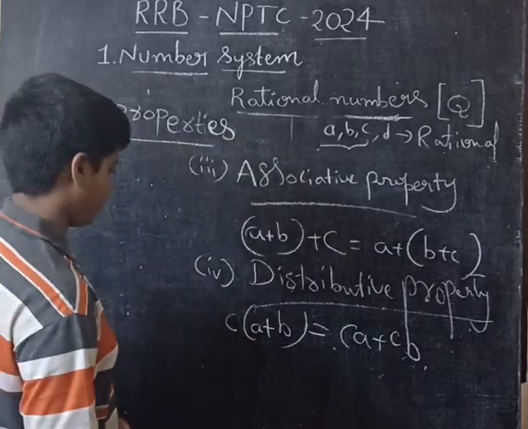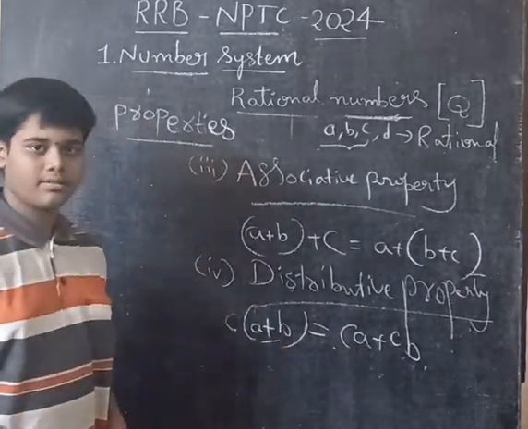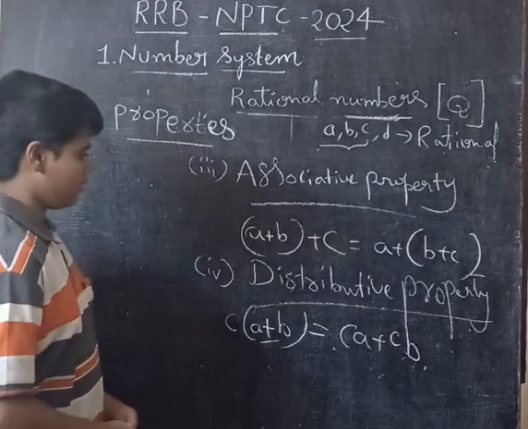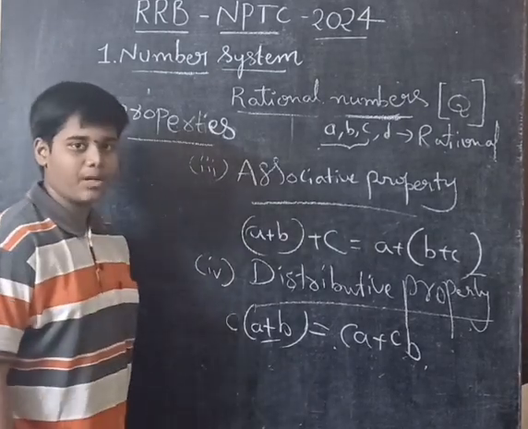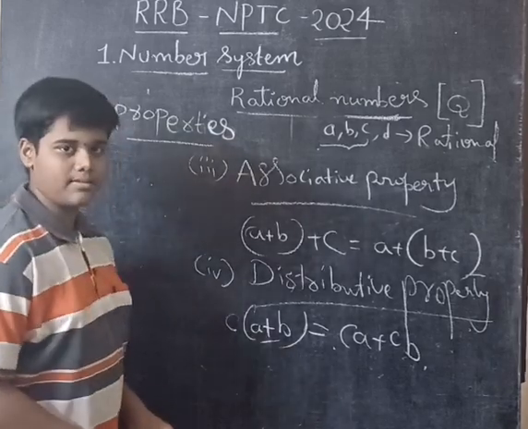So like this we have to multiply with the addition of two numbers. So this is the distributive property, and these are the four properties of rational numbers.